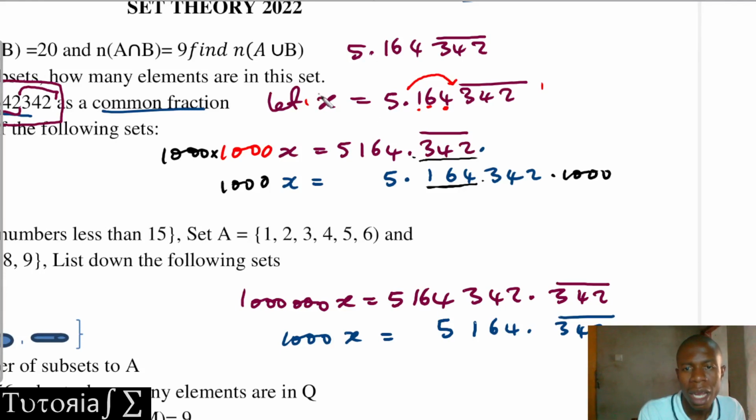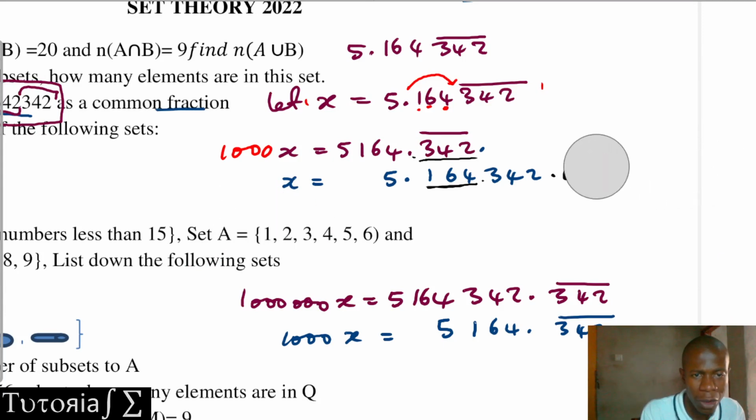Then we needed to make sure that the decimal moves to where the number is repeating. We did that by multiplying by 1000 at first. Let me go step by step. After multiplying by that 1000, it moves to that point. Then the next step from here is getting the original number that we had. So let me just erase this.